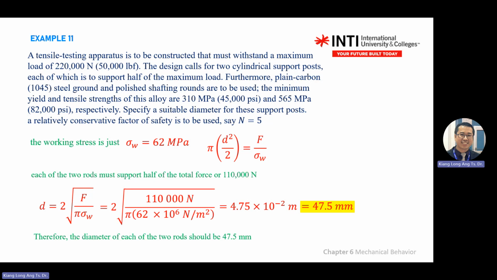The design calls for 2 cylindrical supports, each of which supports half the maximum load. It asks you to specify a suitable diameter of this support post. It asks about individual posts. So just be careful when you read. It already gives you the value here. If this value is not given, then you need to read it from the table.